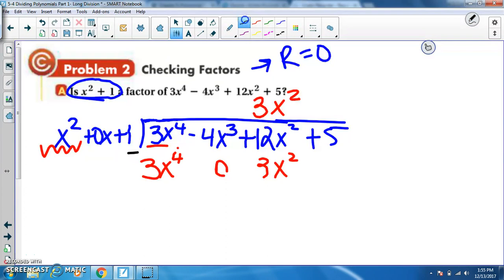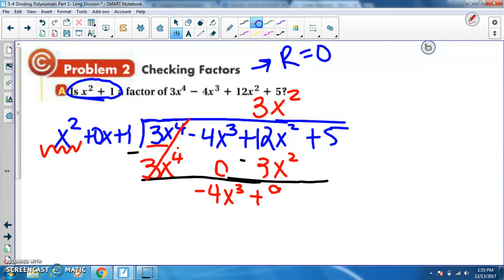Once again, subtract everything. So I get 3x to the 4th minus 3x to the 4th canceled. Negative 4x cubed minus 0. And 12x squared minus 3x squared, which is plus 9x squared. I can bring down my last term, which is plus 5.